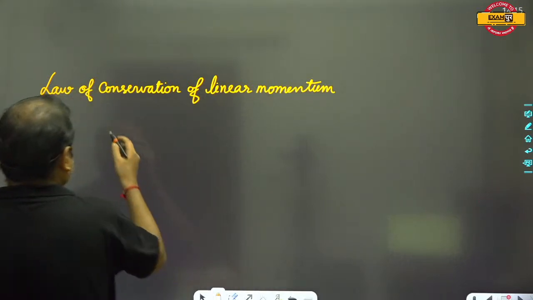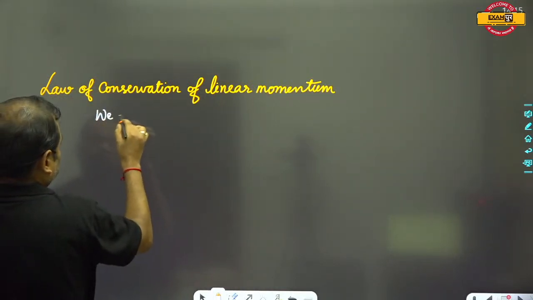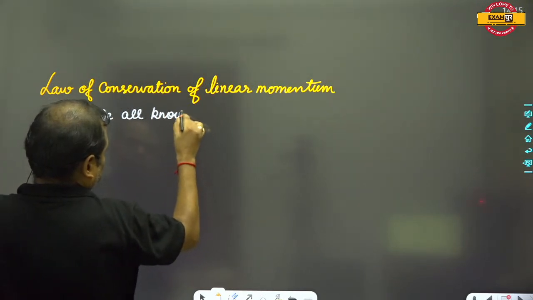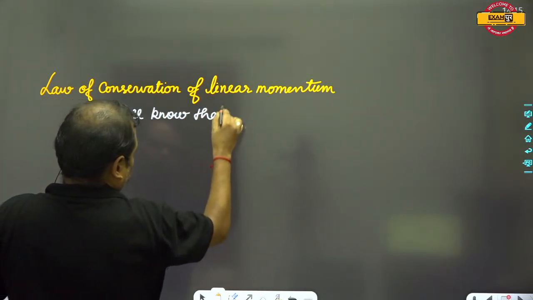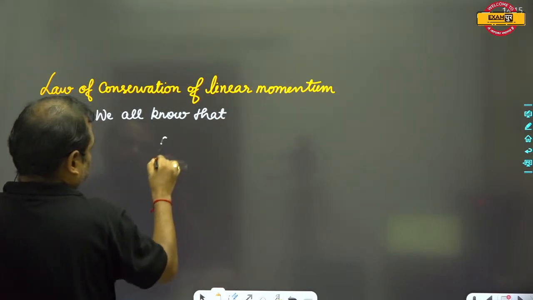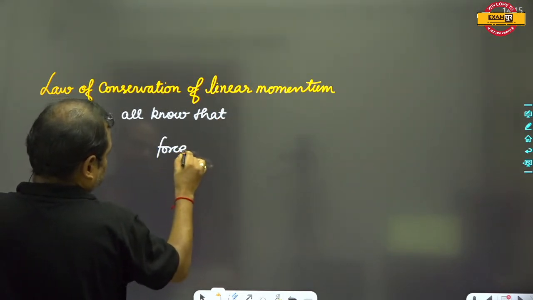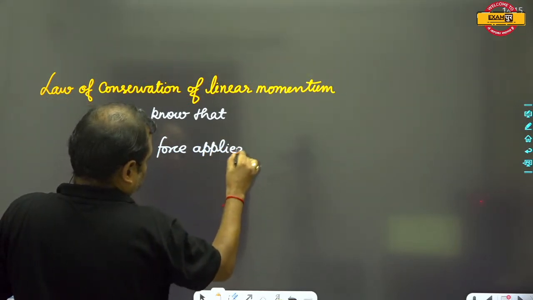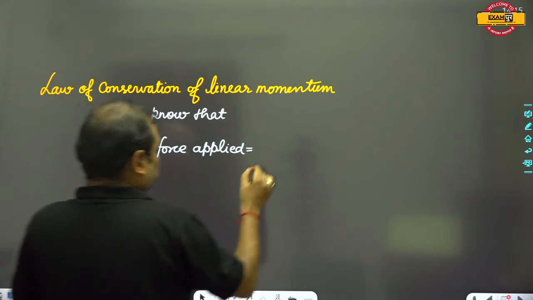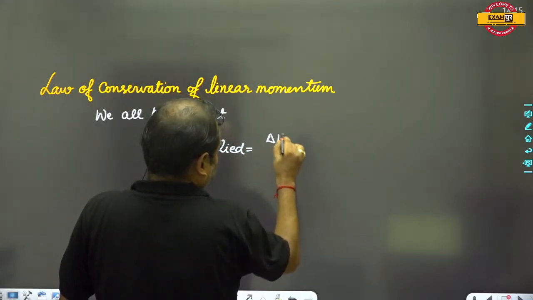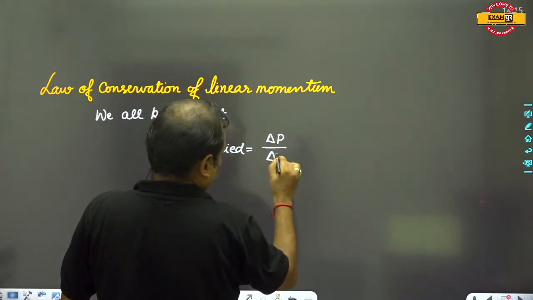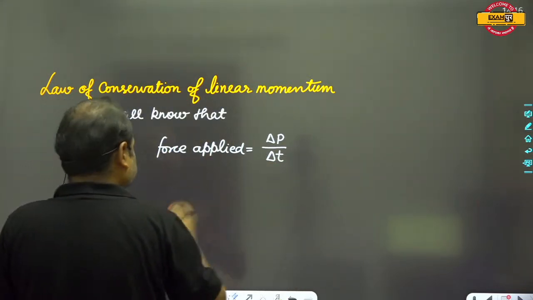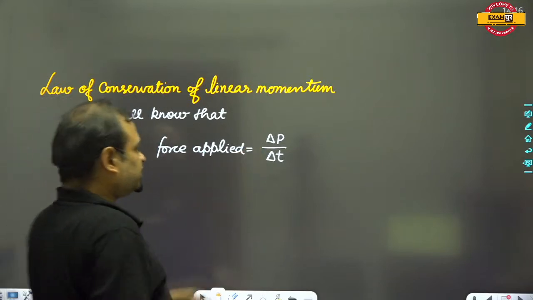We all know that the external force applied is equal to delta p upon delta t. Delta p means the change in linear momentum.